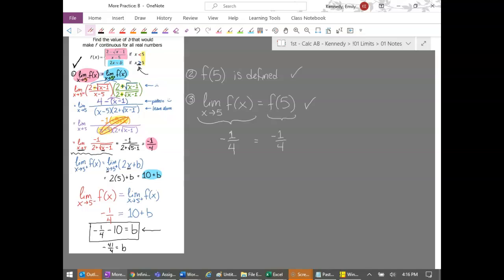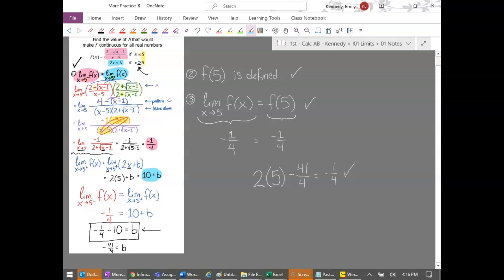F of 5, the blue rule, if you want to get real fancy with it, would be 2 times 5 plus -41/4. And then that's 10 minus 10 1/4, which is indeed -1/4. But that kind of just automatically happened through the direct substitution that we did earlier.